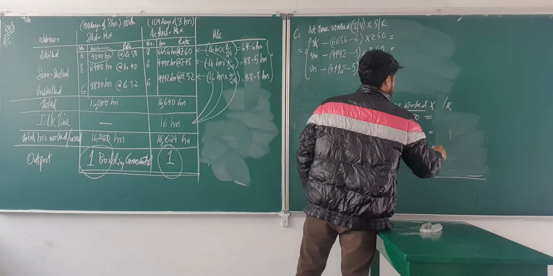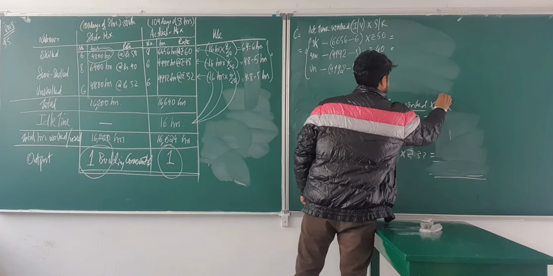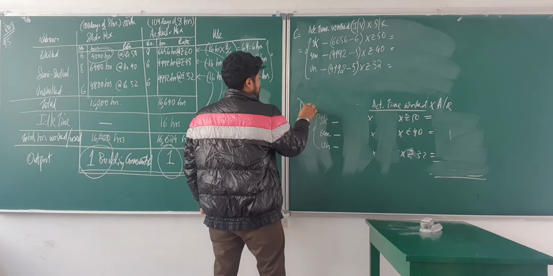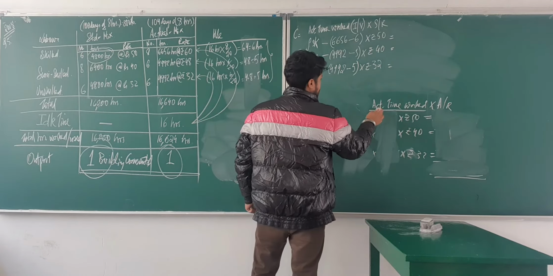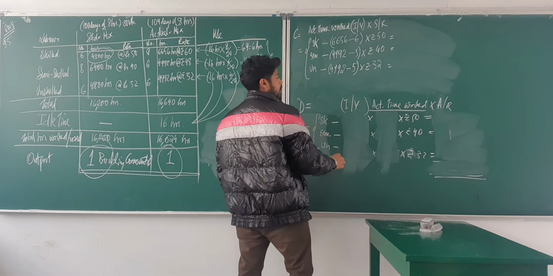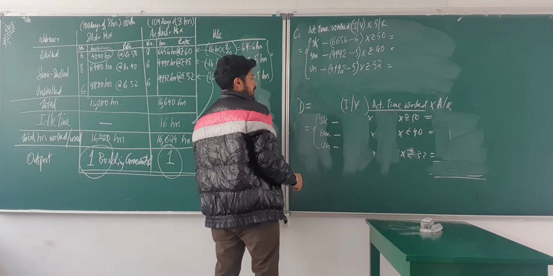Now for D it is not standard rate, it is actual rate. Now let's calculate D, which equals this but with individual values into actual rate, not standard rate.